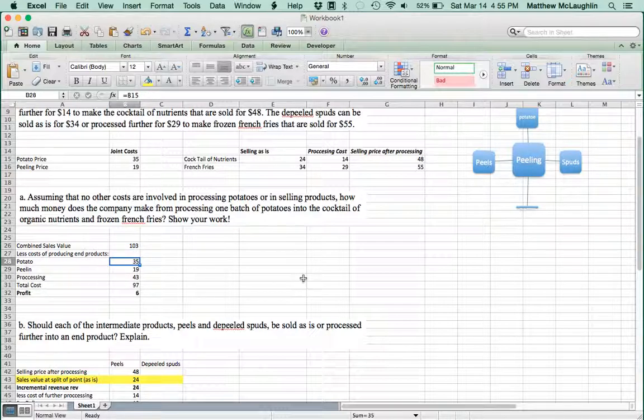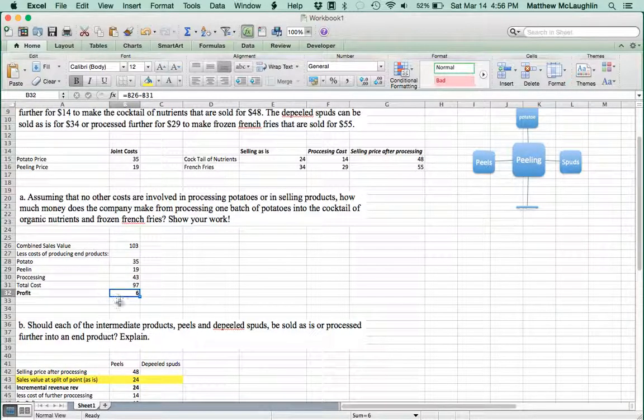The cost of buying the potatoes is $35. To peel them, it's $19. And then the processing is $43, because it costs $14 to process a cocktail of nutrients and $29 to process French fries. So our total cost is $97. 103 minus 97 is $6.